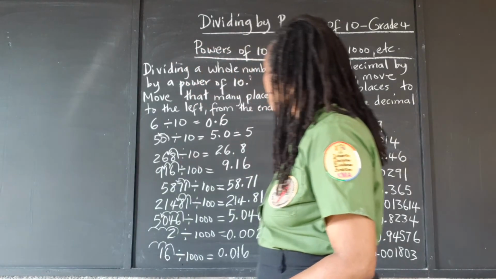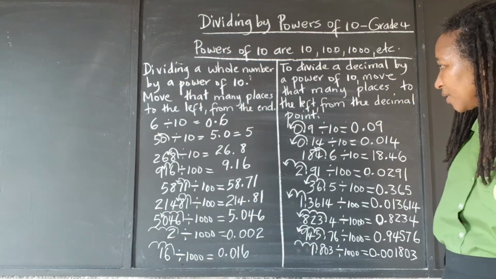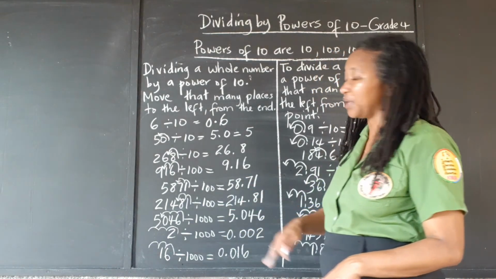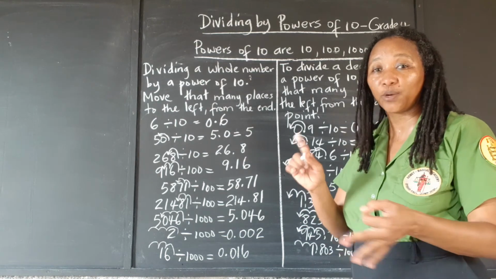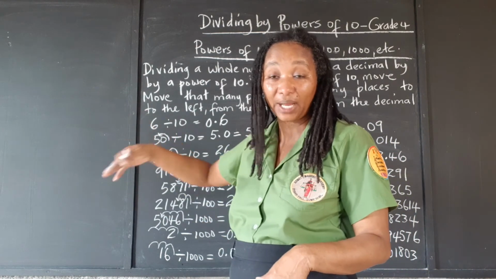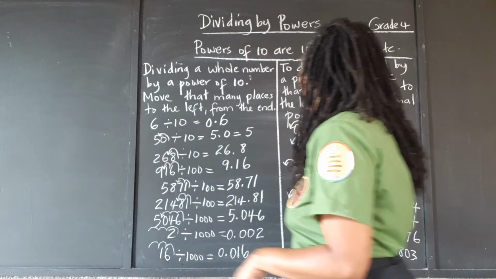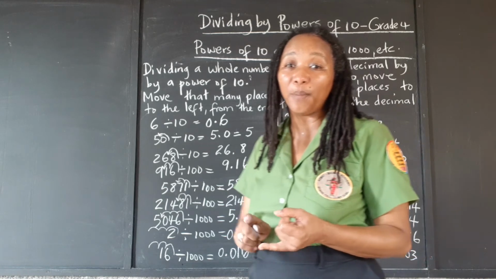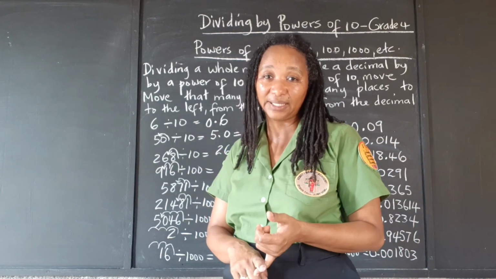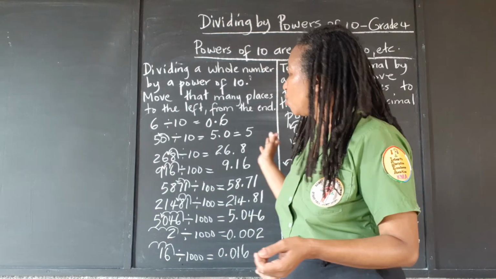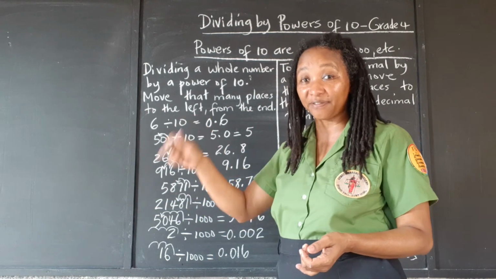Okay? And that's it. So to recap, by powers of 10 we mean 10, 100, 1,000, 10,000, 100,000, million, 10 million, and so on. If we are dividing by any of those, we just need to count how many zeros each of them has and move that many places to the left.